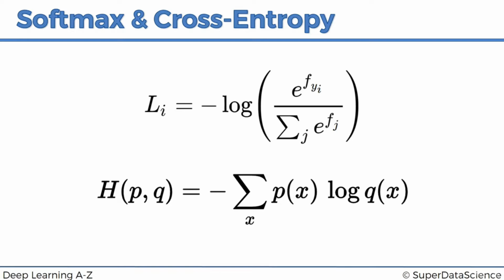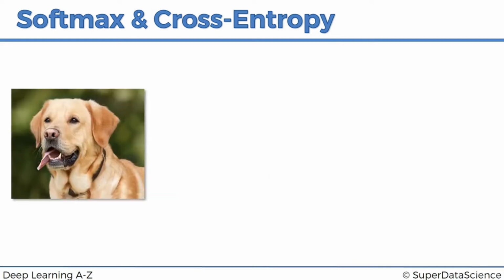The loss function is again something that we want to minimize in order to maximize the performance of our network. So let's have a look at a quick example on how this function can be applied. Let's say we've put an image of a dog into our network.